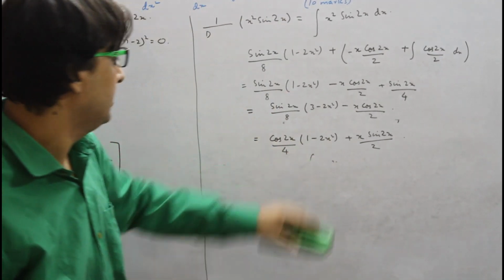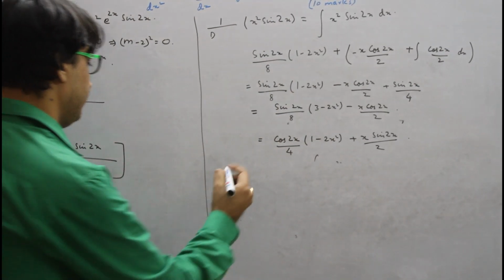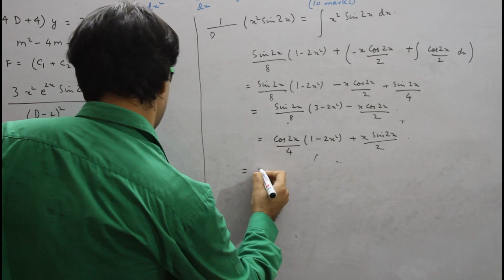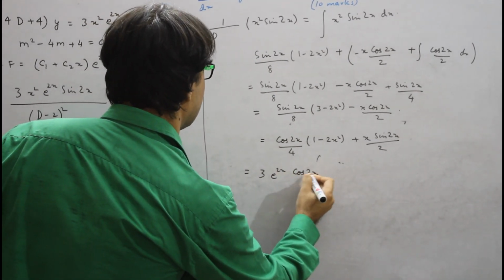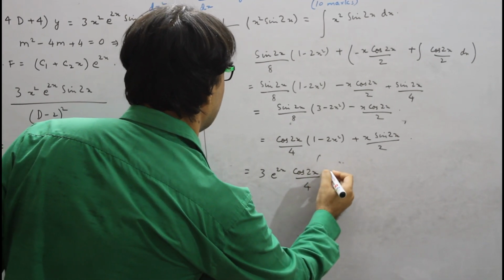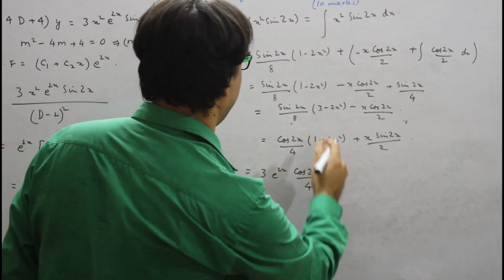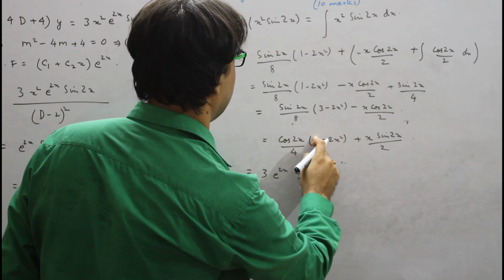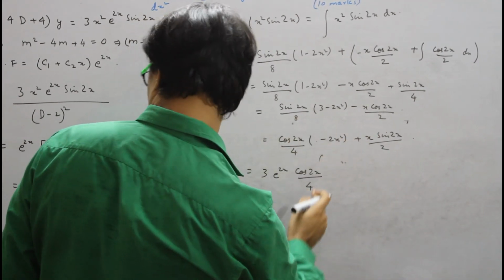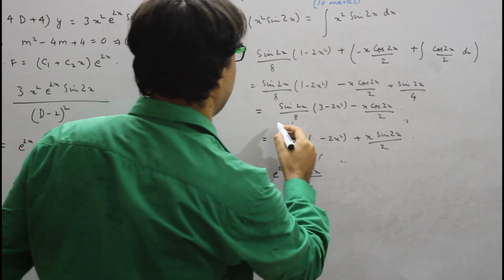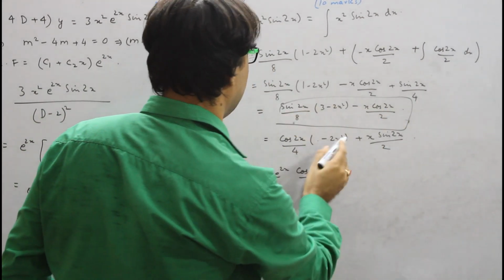So you can write this as 3 times e to the power 2x cos 2x divided by 4, and here this is the one that we are copying. This is the value that we have got, not this one.